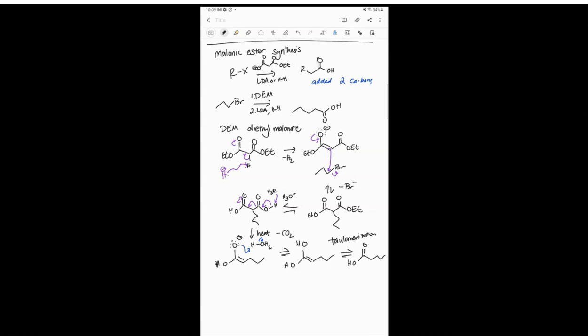Either one. Oh yeah, I realized I did not put or here, did I? There we go. So either one will work. Doesn't matter. Yeah, KH is easier just because it's fewer letters and it's just H minus, so it makes it a lot easier than diisopropyl ethanamide.